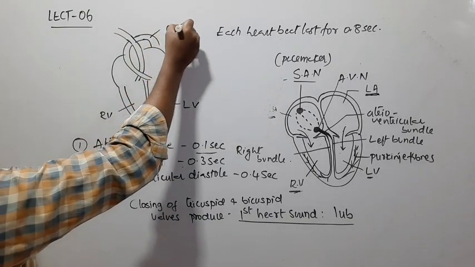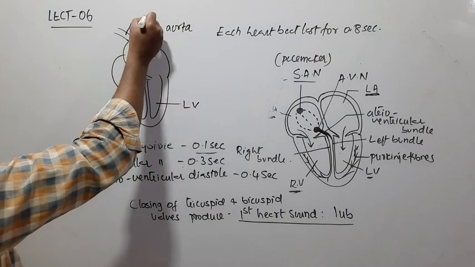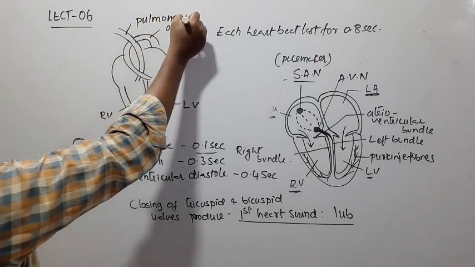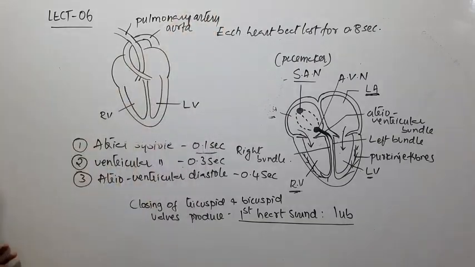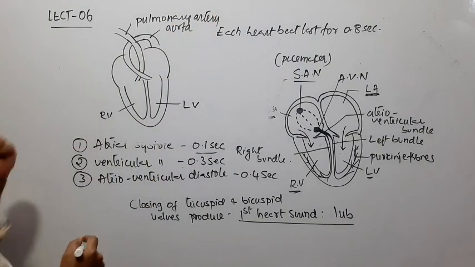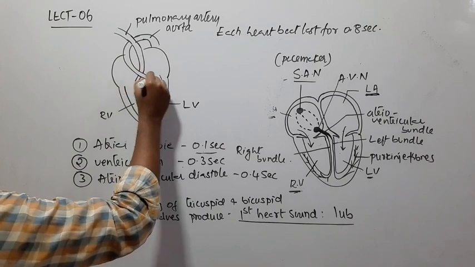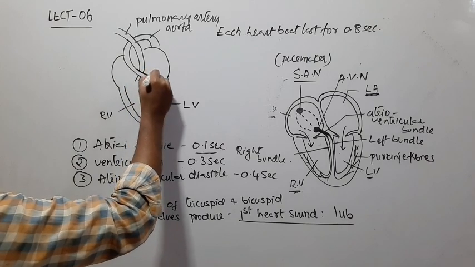So this is the aorta and this is the pulmonary artery.